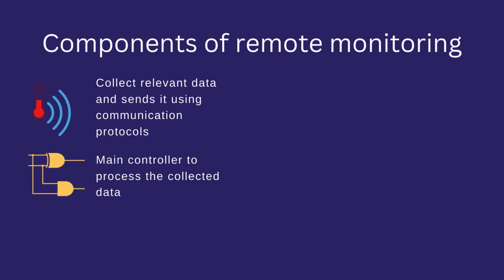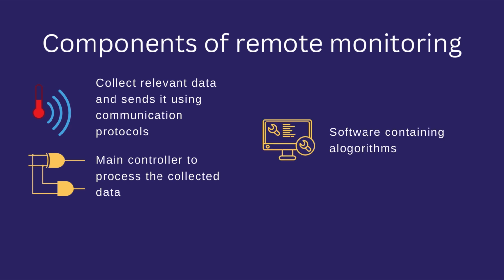The controller is the heart of a remote monitoring system and processes the data collected through sensors to extract useful information. It contains various algorithms to be applied to the information and make decisions, such as whether the process has passed, failed, or there is any error in it.